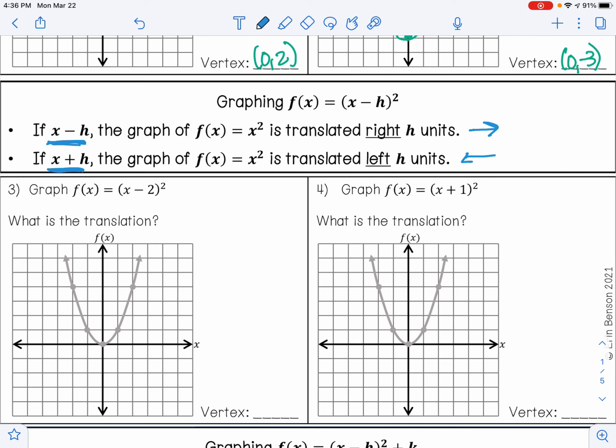So on number 3, I have f of x equals (x minus 2) squared. Here I have x minus a number. So that's telling me I am going to the right 2 units.